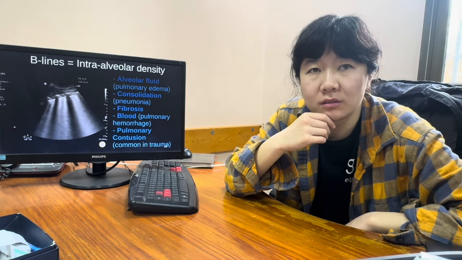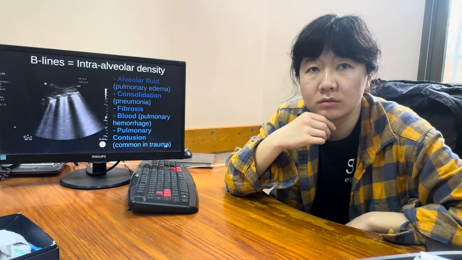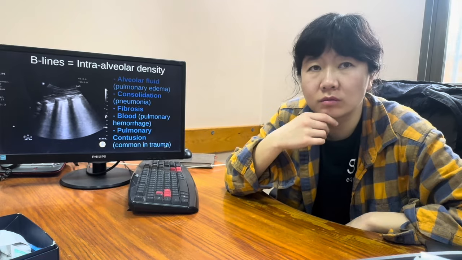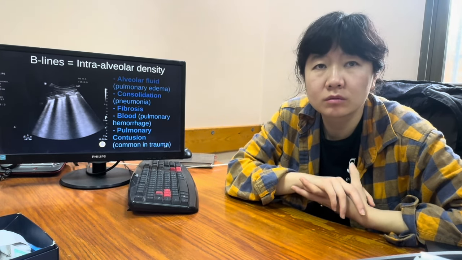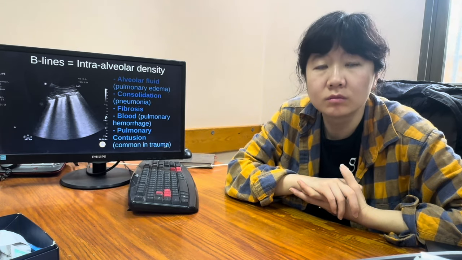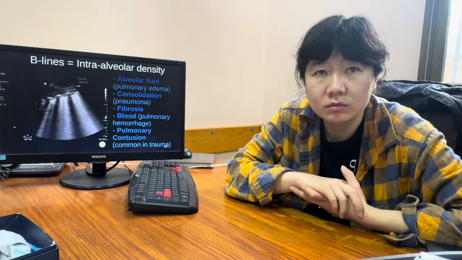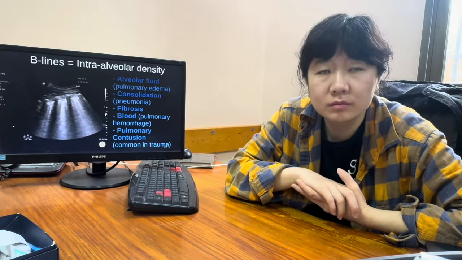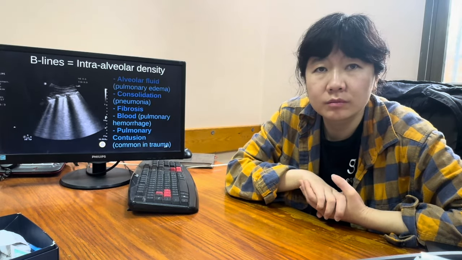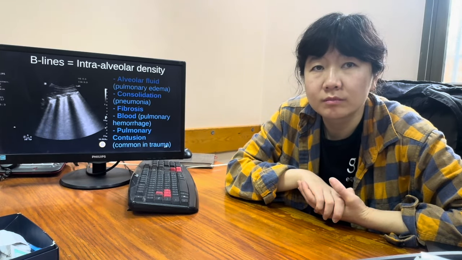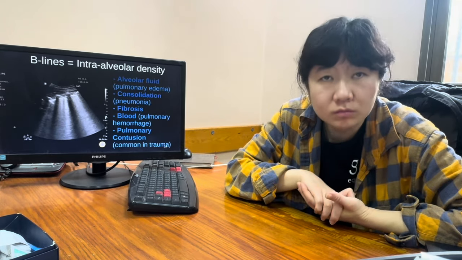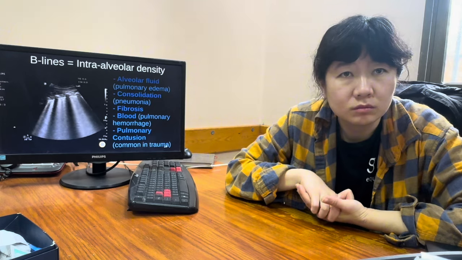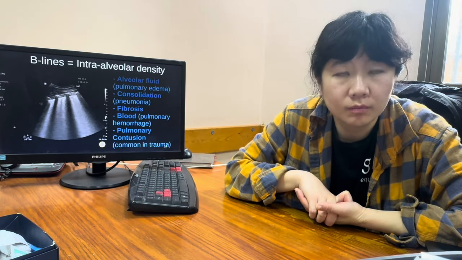Whenever we're not seeing these lines, it means we have successfully treated the patient. So if the patient still has B lines, he is still active in his pathology, whether pneumonia, contusion, consolidation, or being overloaded. But whenever we find that the patient has no B lines, it means the patient is dry, and we have successfully withdrawn all the fluids or addressed the mechanism that caused this fluid.